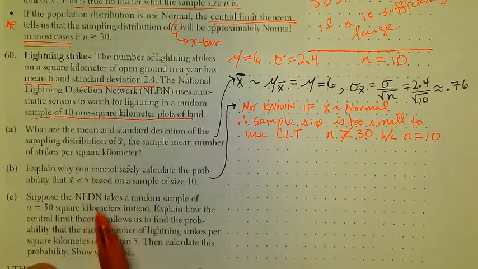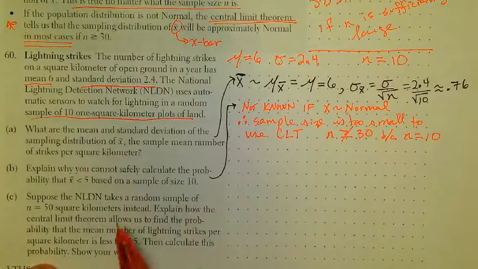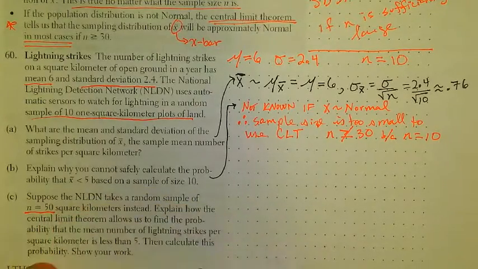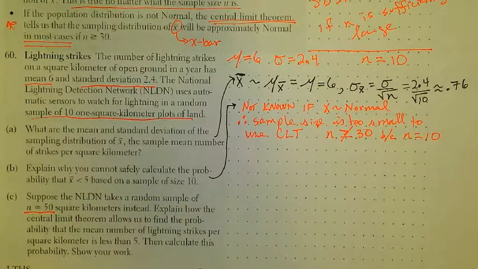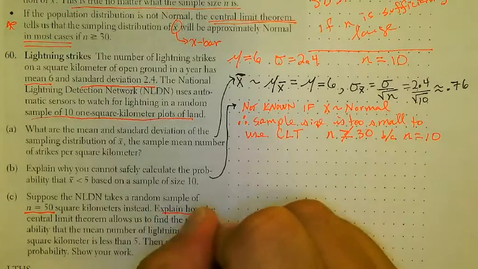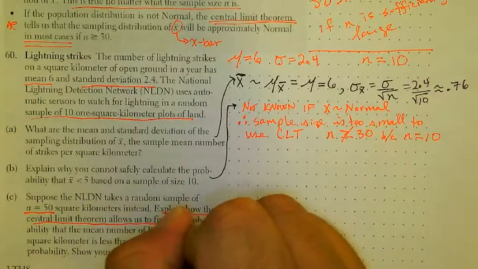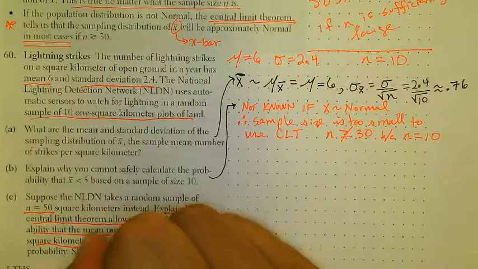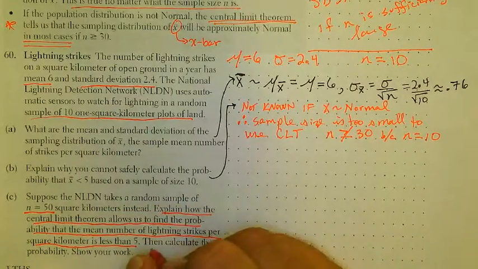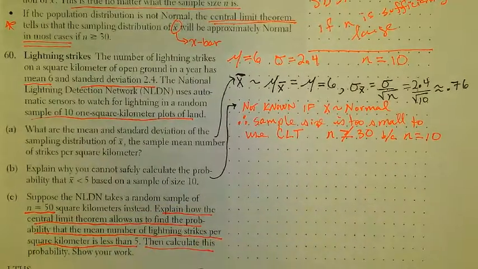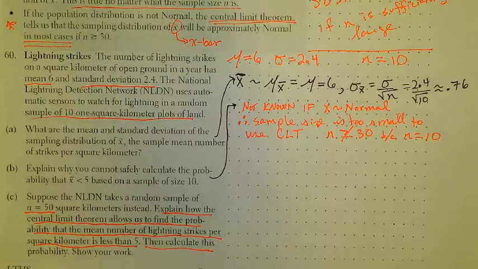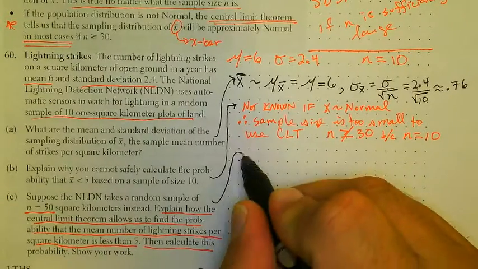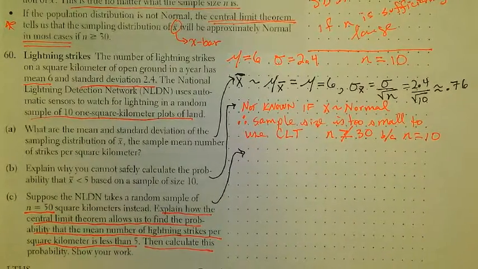Suppose that our organization takes a random sample of n equals 50 square kilometers instead. Explain how the central limit theorem allows us to find the probability that the mean number of strikes per square kilometer is less than 5, and then calculate. Well, for that portion, here's what I have.